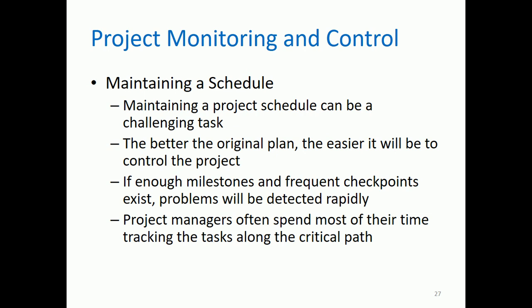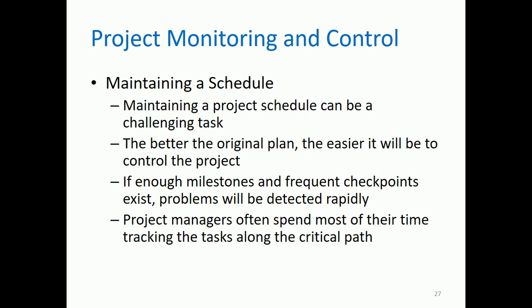So next is maintaining a schedule. Maintaining a project schedule can be a challenging task. Actually, it is true. The better the original plan, the easier it will be to control the project. If enough milestones and frequent checkpoints exist, problems will be detected rapidly. Of course, if there are milestones, that is the checkpoint showing whether you're already done or have progressed from one phase to another.